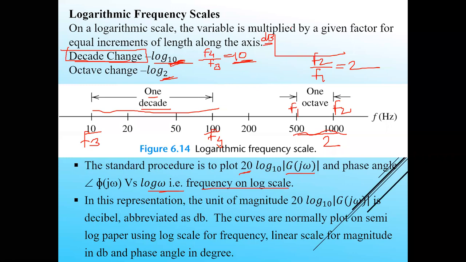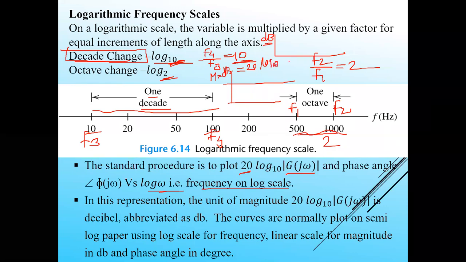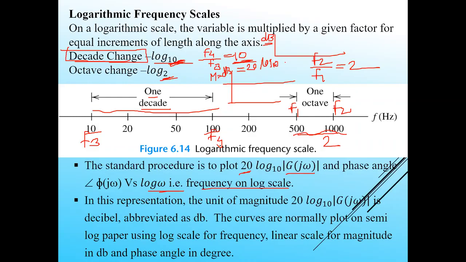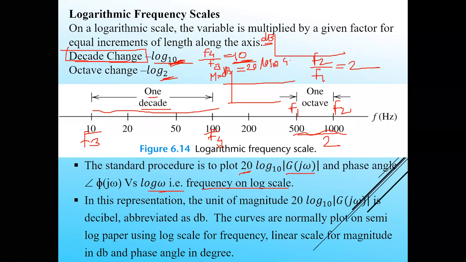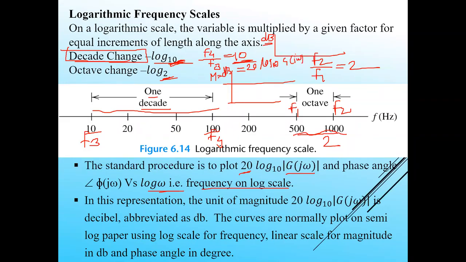म्हणजेच बघा मी परत एकदा ग्राफ काढते. There are two graphs. First graph is of magnitude, whose scale is given in dB, and dB is calculated as 20 log 10 of transfer function G(j omega).